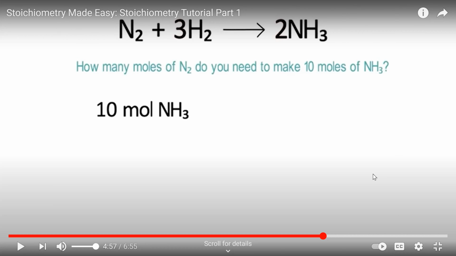How many moles of ammonia do we have? We have 2 moles in the equation already, and these 2 moles of ammonia are produced by 1 mole of nitrogen. So overall, it's 10 multiplied by 1, divided by 2, and this will cancel with this. So in that case, it's 10 divided by 2, so 5 moles of nitrogen.